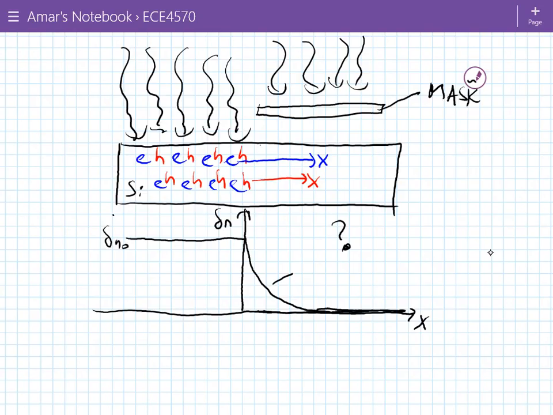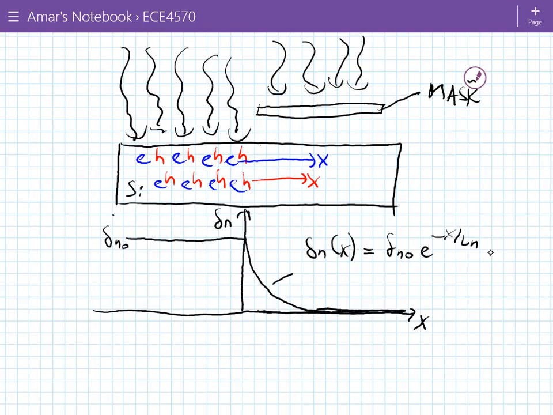This will be a very similar equation. Sigma n of x, remember last time it was sigma n of t, now it's sigma n of x, is equal to sigma n 0 e to the negative x over L sub n.